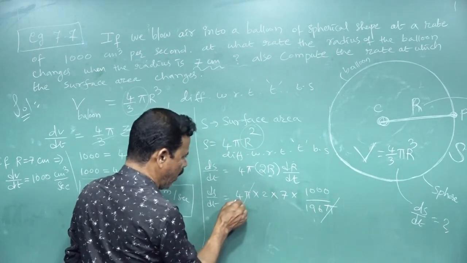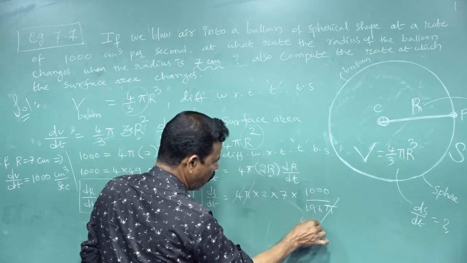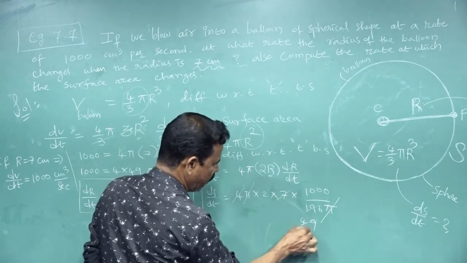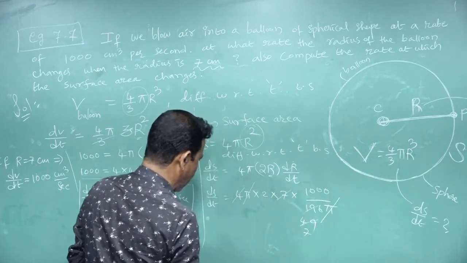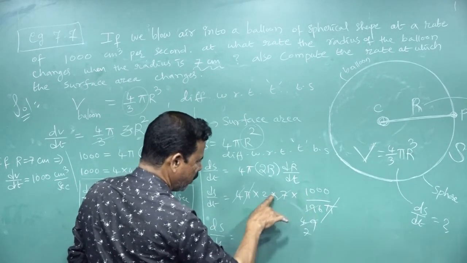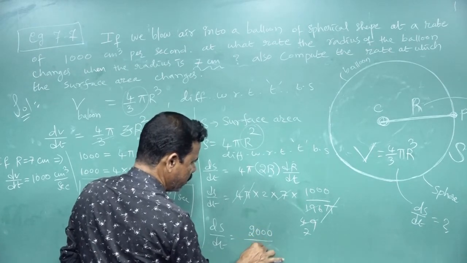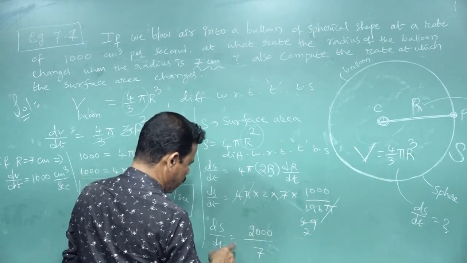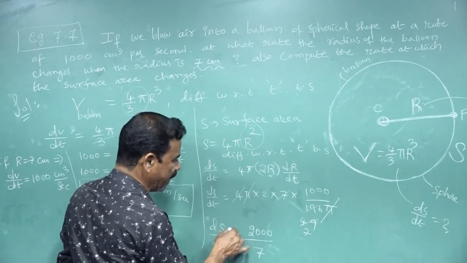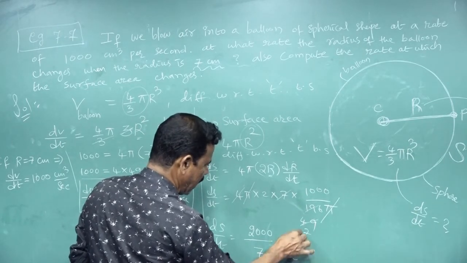So here 4 has 4 4s, 4 9s are 49, and here 7 has 7 7s. So the remaining value is dS/dt equal to 1000 into 2, that is 2000 by 7. This is S, the surface area, in meter square per second.